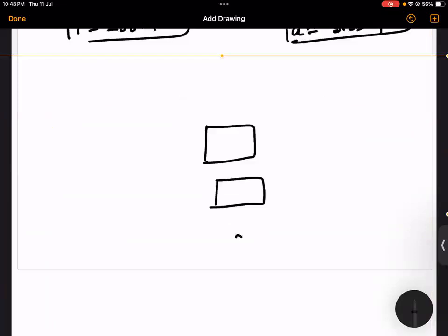See, 3 blocks are there, okay? Their masses are 5 kg, 3 kg and 2 kg. They are attached by a string like this.